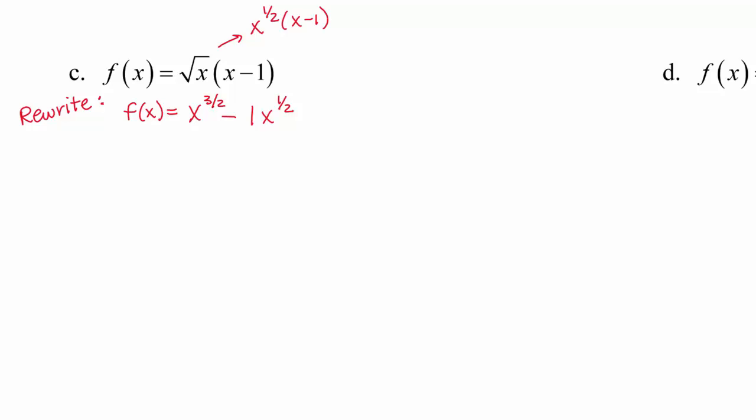So no matter how I look at it, I do need to be able to figure out the domain because it is restricted here. So anytime we see an even root, and I'm going to highlight how you can see your even roots, right? It's power over root. So all of these are square roots.